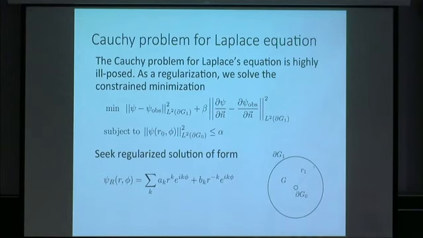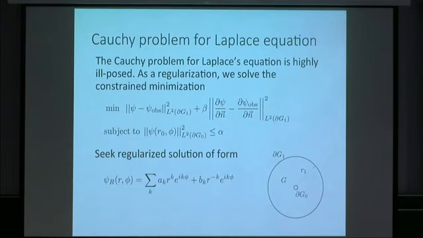The second term is a weighting factor beta times the L2 norm again on the outer boundary of the difference between our solution's first derivative and the boundary condition first derivative. So we're trying to minimize that, subject to the L2 norm of the solution on the inner boundary not being larger than alpha.